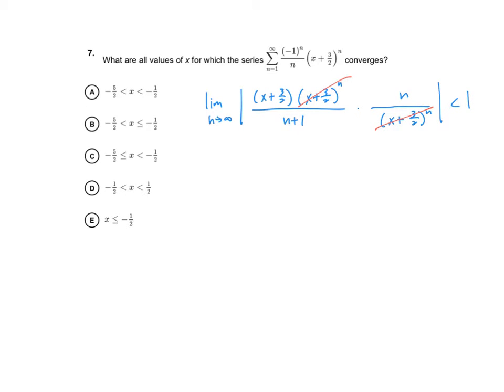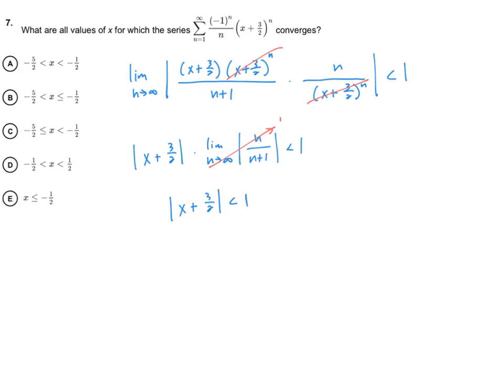Those cancel. Pull out this term that doesn't have n in it. This part goes to 1, so we're just left with this.